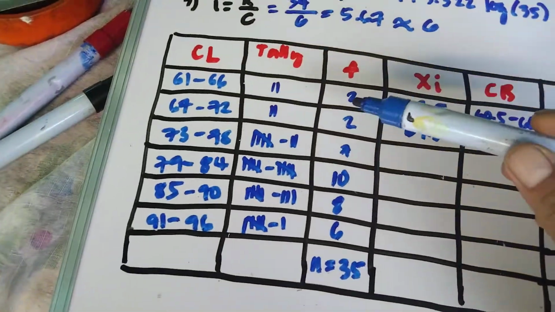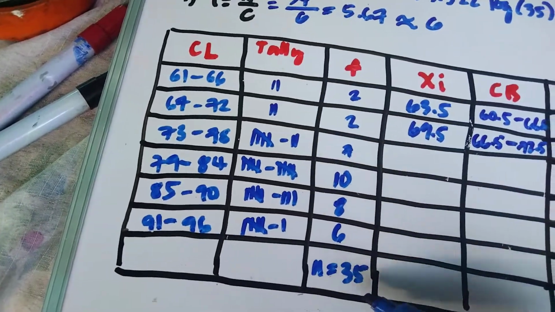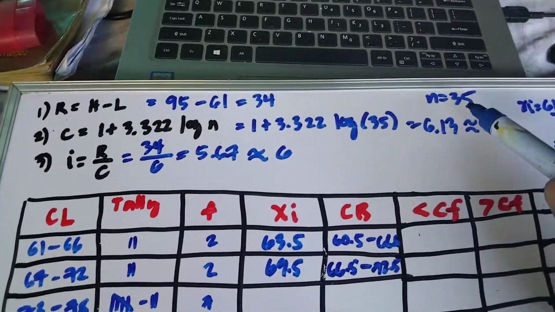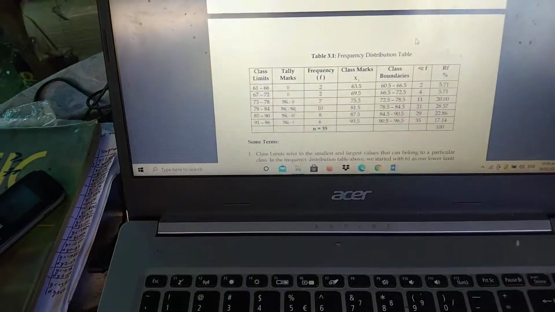Your frequency total should be 35 because our n here is 35.